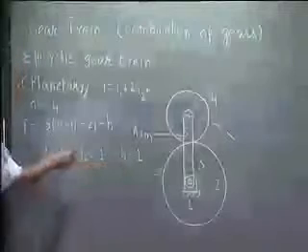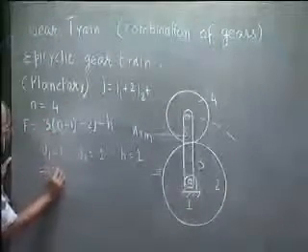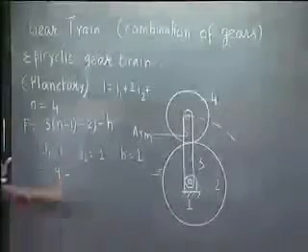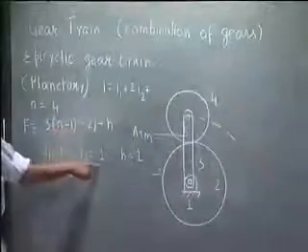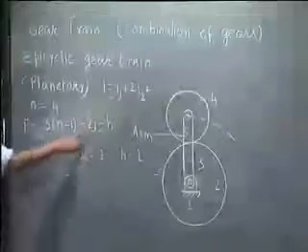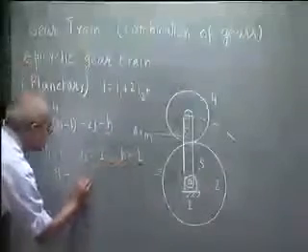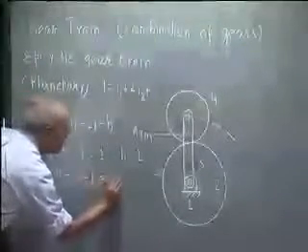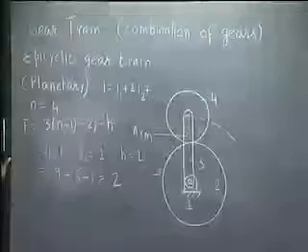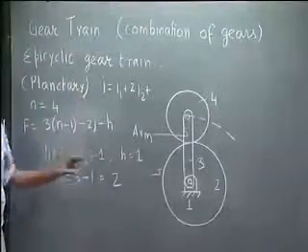So if I now substitute n equal to 4, I get 9 minus 2j, j is j1 plus 2j2, that is 1 plus 2, 3. j is 3, 2 into 3, 6, minus h, which is 2. So the degree of freedom of an epicyclic gear chain is 2.